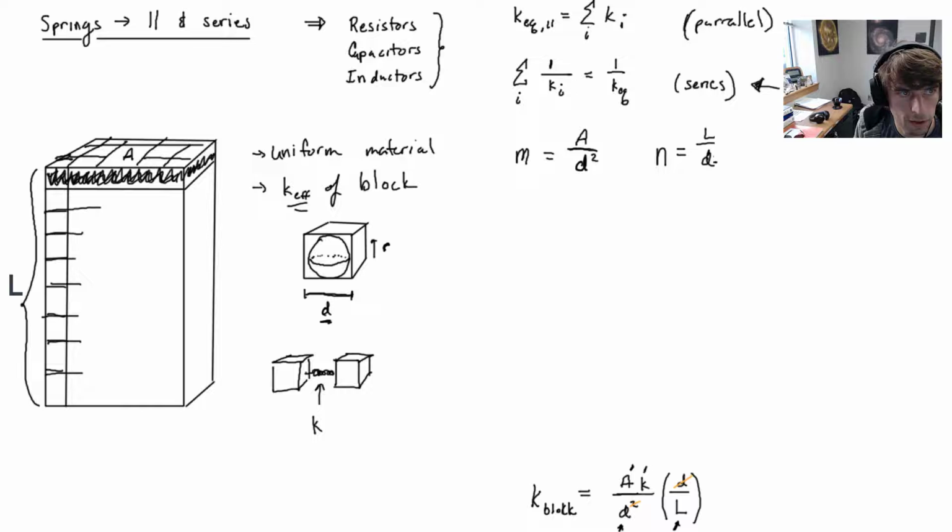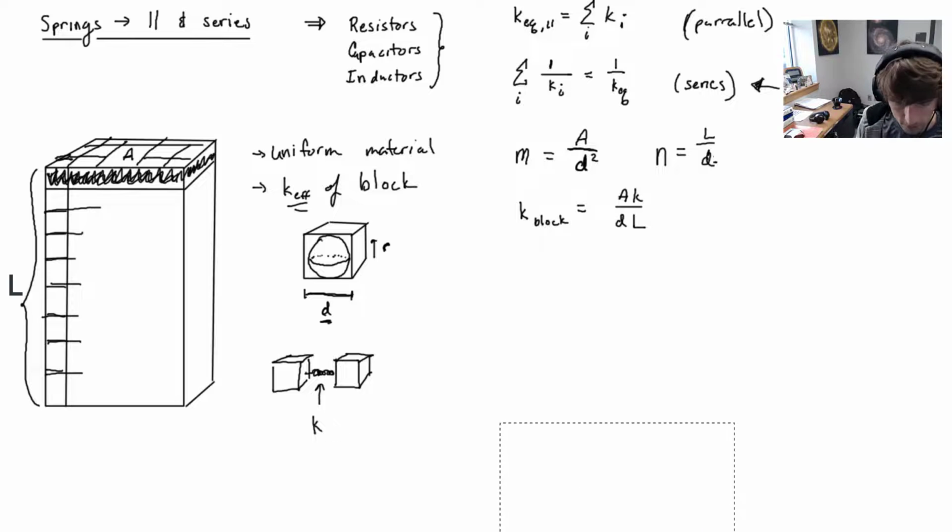So here's one more thing that I'll give to you then. Let me rewrite this. K of the block is equal to A times the interatomic spring constant, divided by d times the length of the object. Now, one of the cool things about this, notice that I'm starting to relate macroscopic quantities to microscopic quantities.